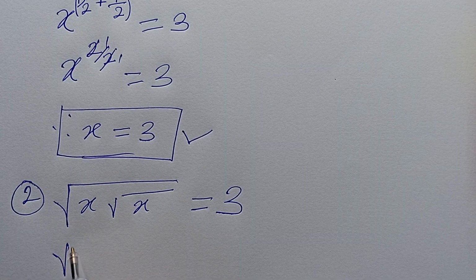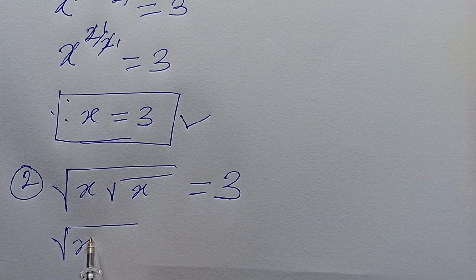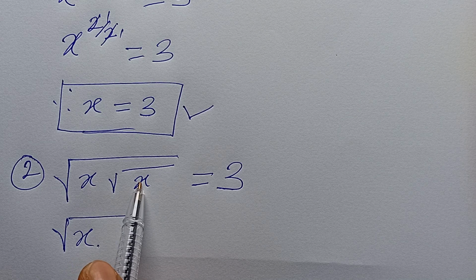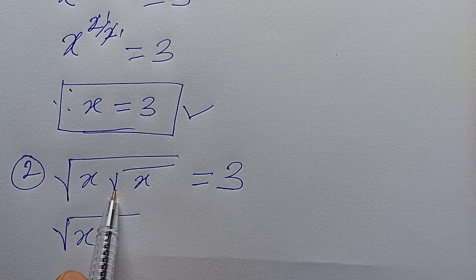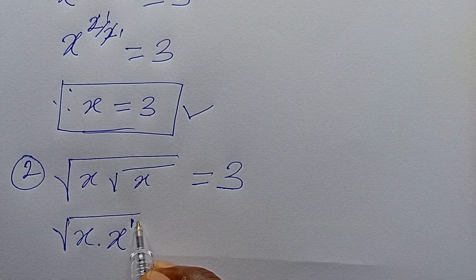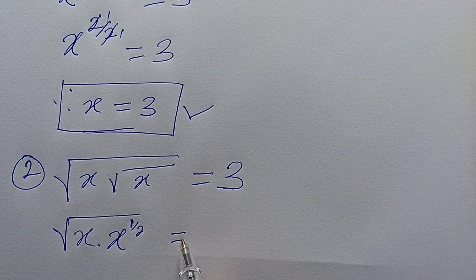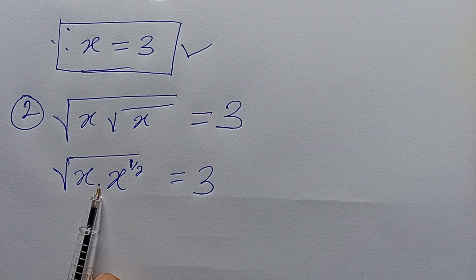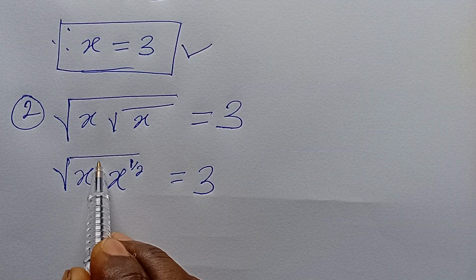So we're going to have the square root of x times, here we have this x and this radical, so we have x raised to the power of 1 over 2, equal to 3. Here we now have a multiplication sign, and here it is raised to the power of 1.